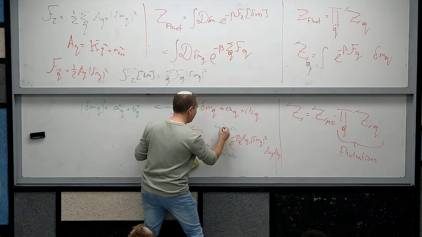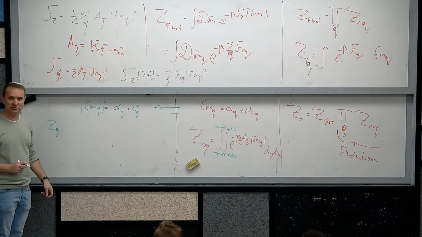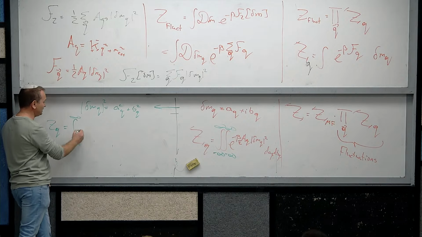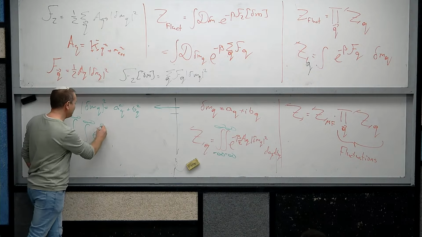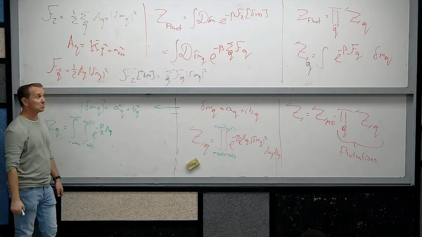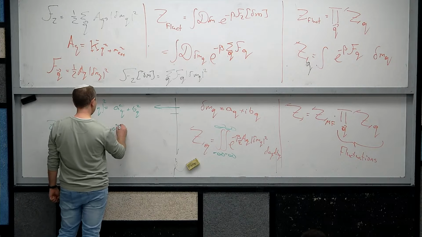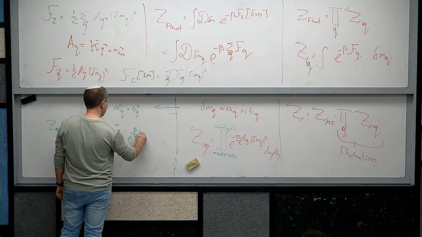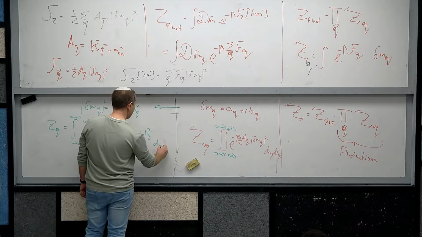So ZQ is not just a single Gaussian, it's an integration over a double Gaussian: the integral from minus infinity to infinity, minus infinity to infinity, of e to the power minus beta over 2, AQ, multiplied by A squared, multiplied by e to the power minus beta over 2, AQ, BQ squared, dAQ dBQ.